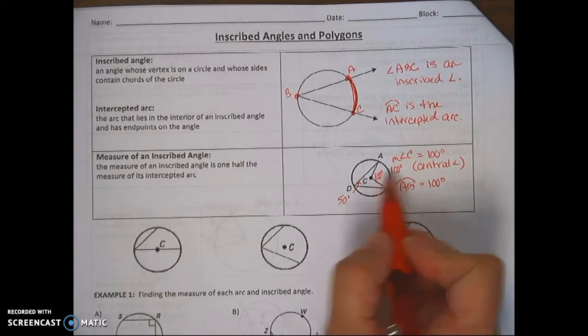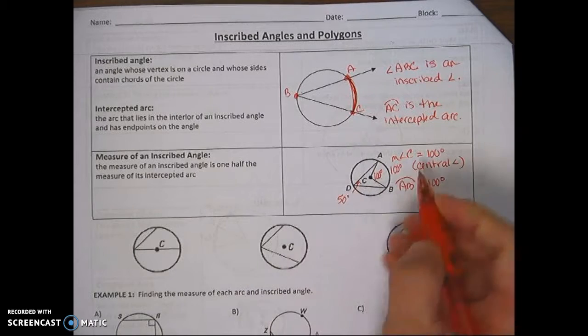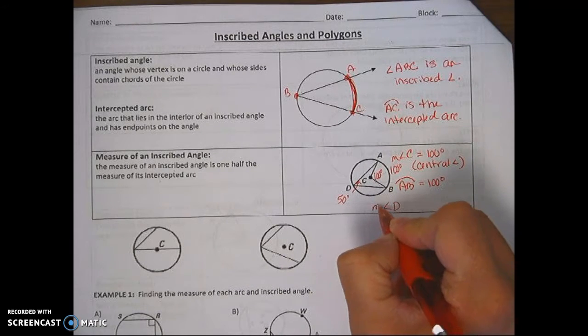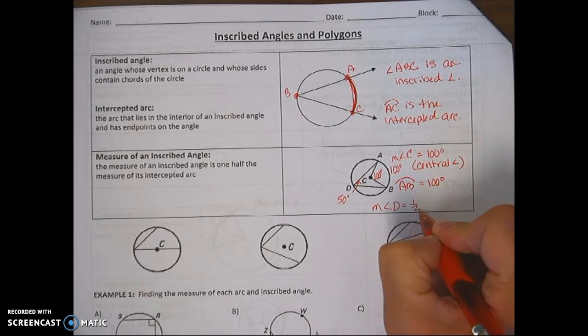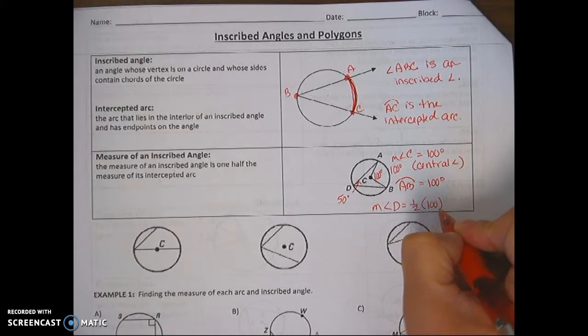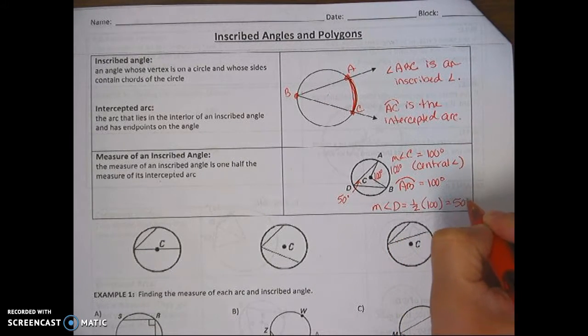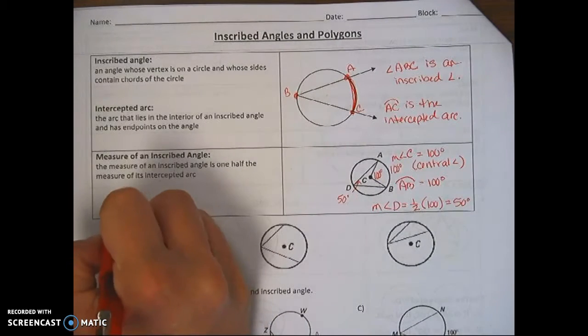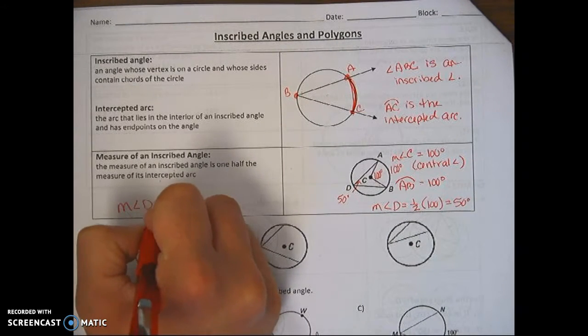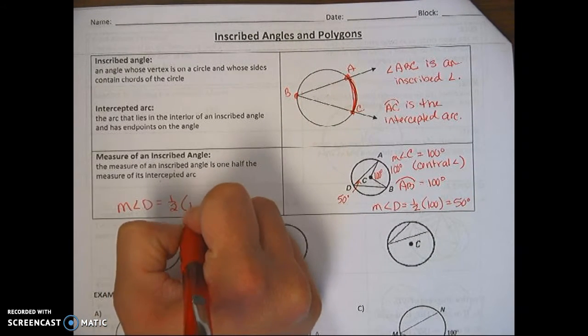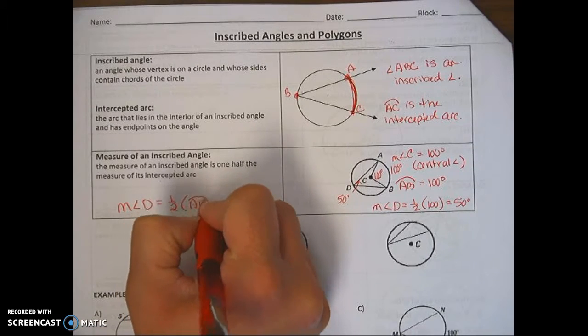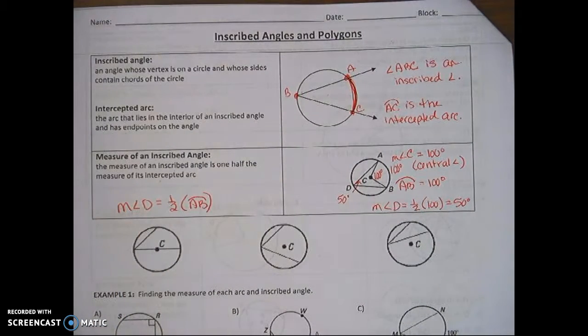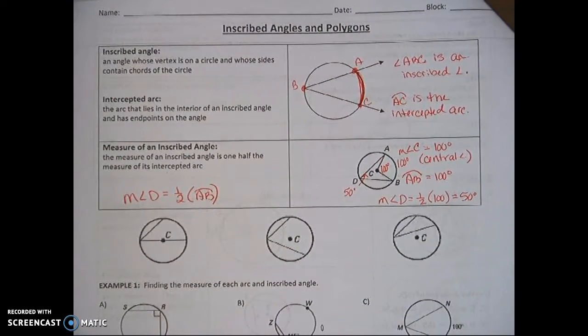And then going to the inscribed angle, angle D, the measure would be 1/2 the 100 degrees, which is 50 degrees. Over here I'm going to write the measure of angle D is 1/2 arc AB. Again, the inscribed angle is half of the measurement of its intercepted arc.